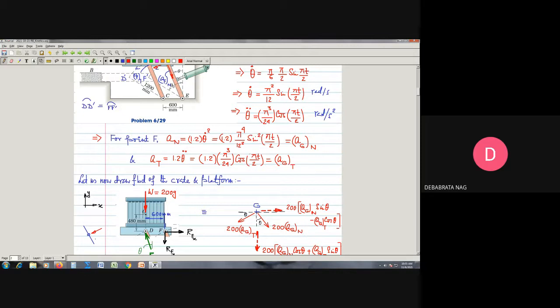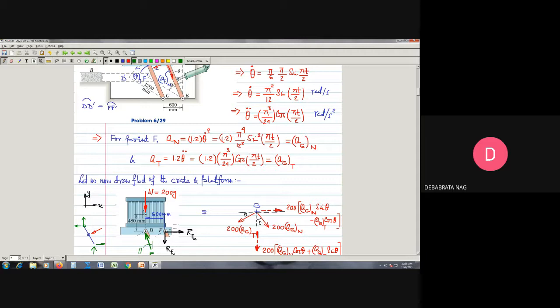Quite naturally, to resist this force, there will be some reaction forces developed. So the reaction forces here and the reaction force at the hinge point can be written in this manner. These will be the reaction forces so far as the link EF is concerned.